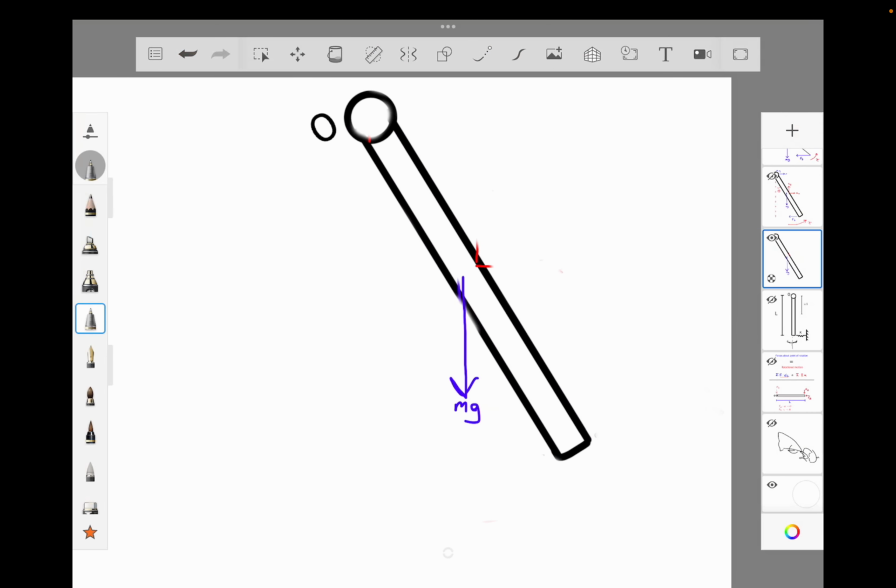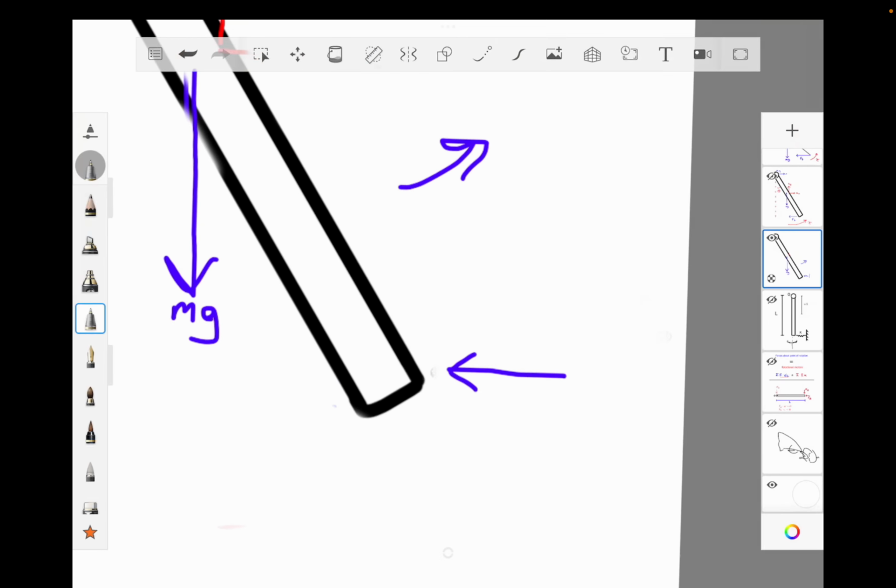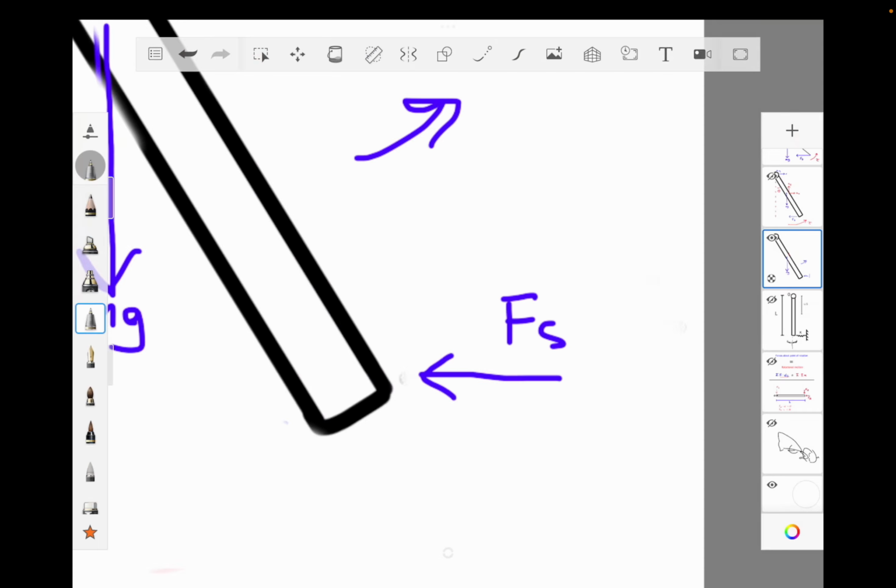And then since this object is moving this way and the spring's here, this spring is going to be a little compressed, and a compressed spring pushes. Therefore, there's going to be a spring force going this way.